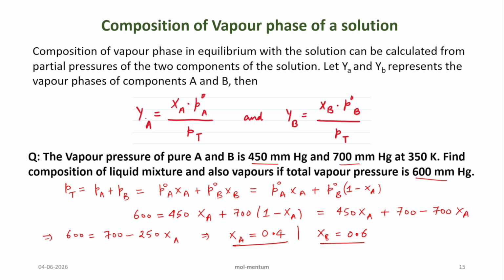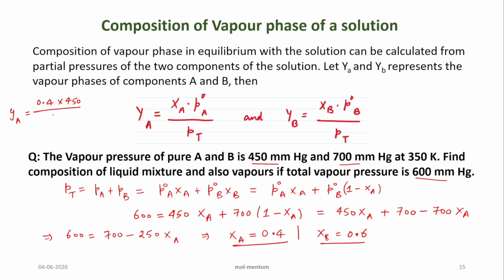Now we can calculate YA and YB. YA is chi A, 0.4, into P naught A, 450, divided by total pressure, which is 600 in the question.